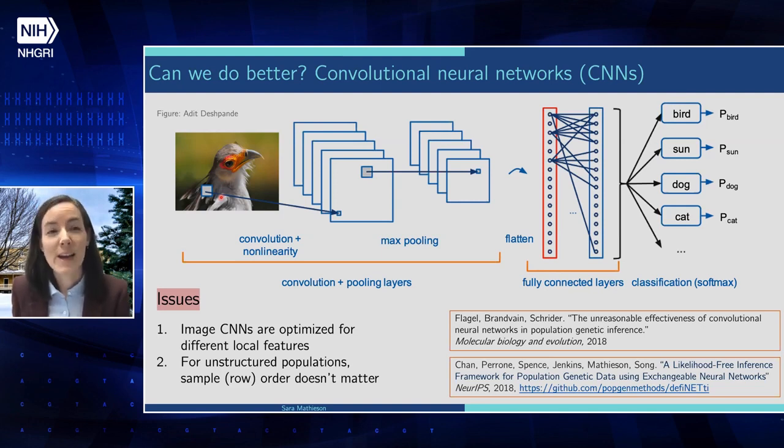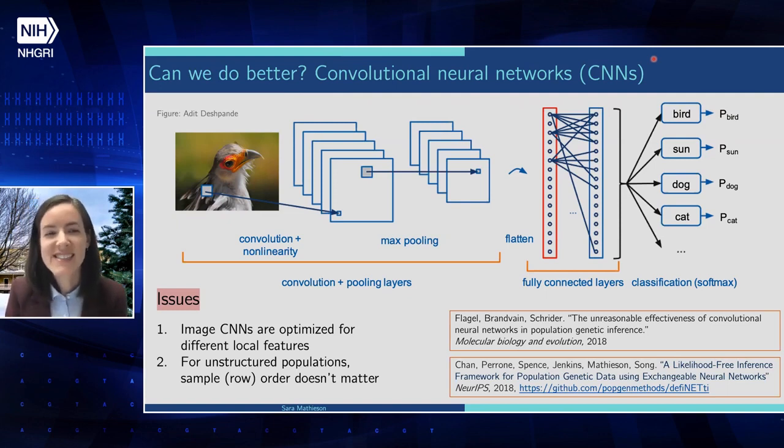So say, for example, maybe this filter would learn to identify beaks or feathers. And then if those filters sort of lit up in classification, then we might be more likely to conclude that this image is of a bird. So the idea was that these learned filters could be used in genetics to try to find out which aspects of the data were really informative for certain parameters of interest.